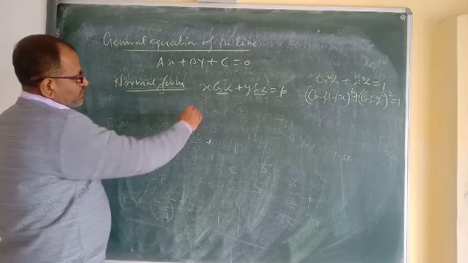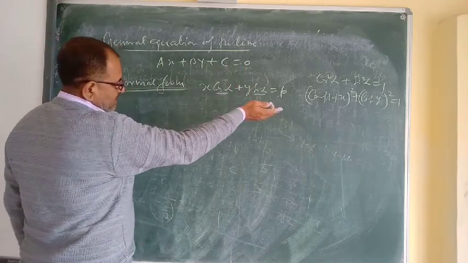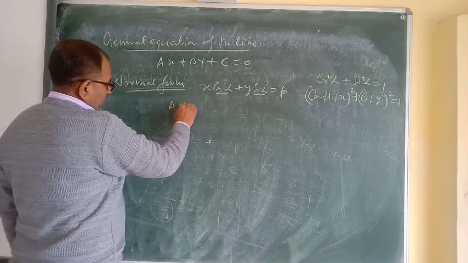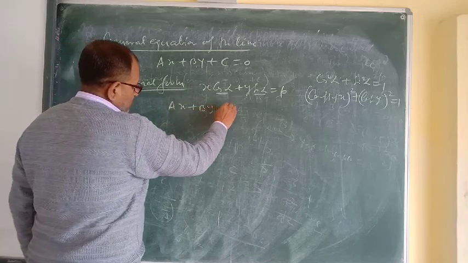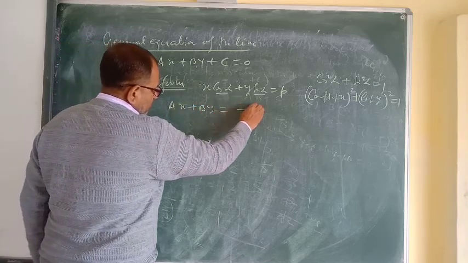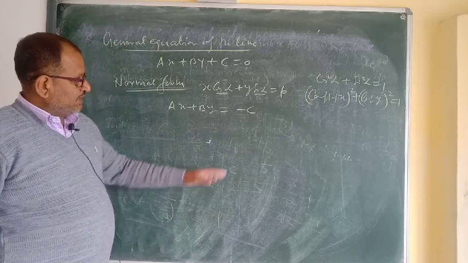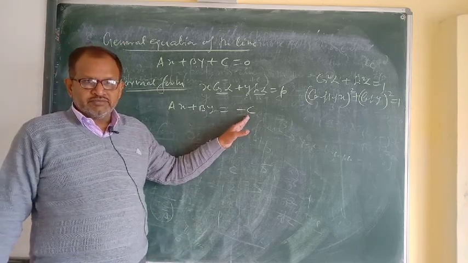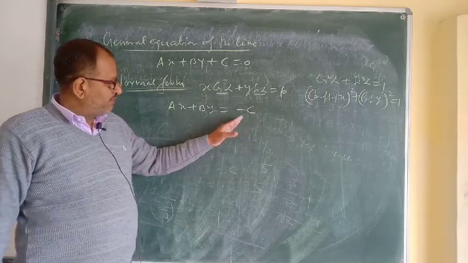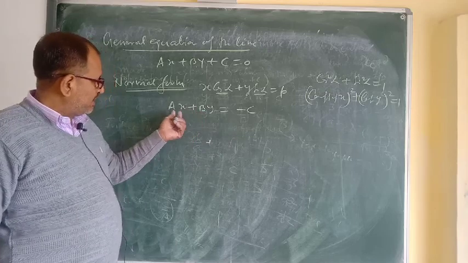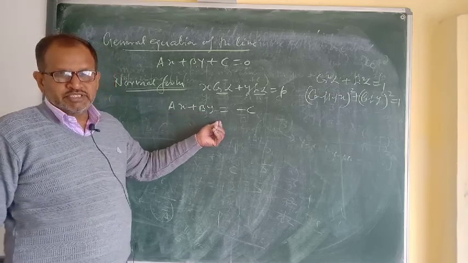So firstly we will transpose the constant term right side. ax plus by is equal to minus c. If right side constant is positive, then we will divide whole the equation by under root a square plus b square.